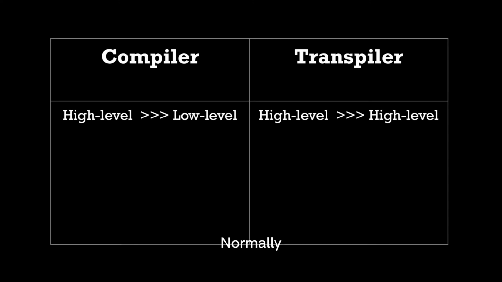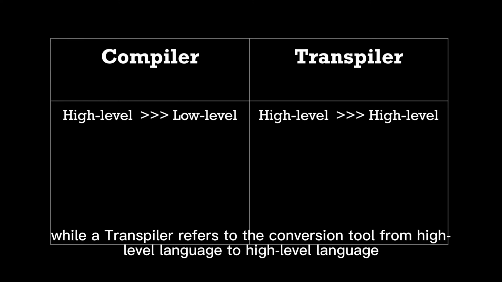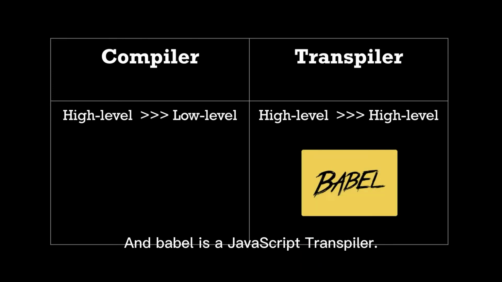So normally, compilers refer to the conversion from high-level language to low-level language, while a transpiler refers to the conversion from high-level language to high-level language. And Babel is a JavaScript transpiler.